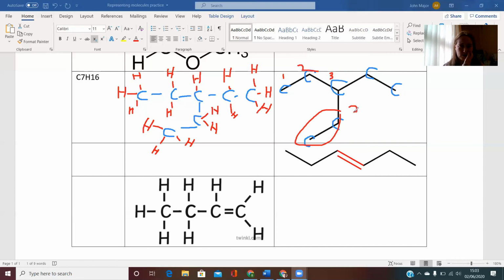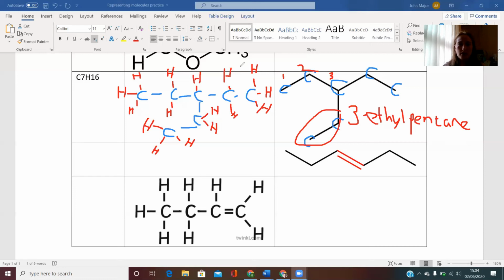So we say that it's 3-ethyl, because there's a 2 carbon group there. Pentene, because there's a 5 carbon chain, ending with ene because it's an alkene. Don't worry about that too much for now, but it is worth taking note that that's what you would call that molecule.